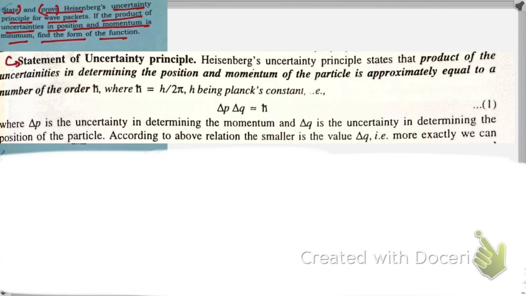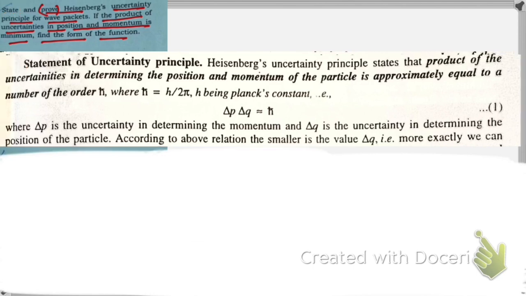Heisenberg's uncertainty principle states that the product of uncertainties in determining the position and momentum of the particle is approximately equal to a number of order h cut, which is the reduced Planck's constant given by h by 2 pi, h being Planck's constant.